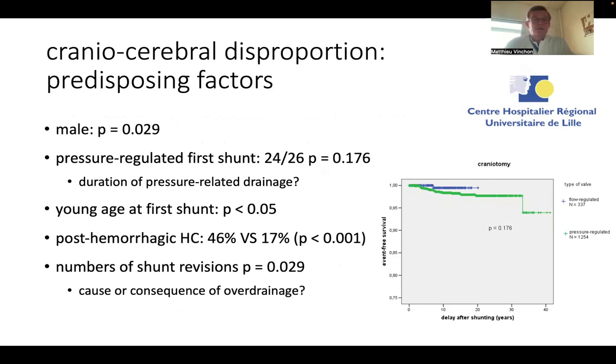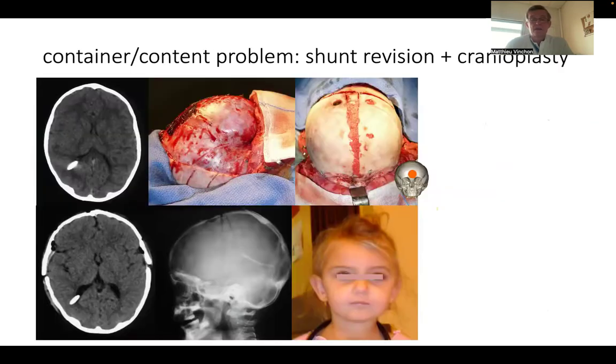And the type of valve was not significantly different. And what was very significant was the young age at the first shunt and the post-hemorrhagic hydrocephalus, and also the number of shunt revisions. But as I said, it was as well a cause or a consequence of the overdrainage.